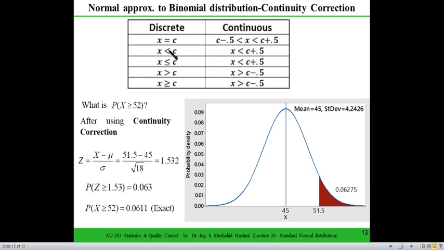If the value is less than c, for example x less than 52, then it would be 52 plus 0.5, so we need to calculate up to 52.5. Then the result would be close to the exact value. So this is how continuity correction can be used to improve the approximation.